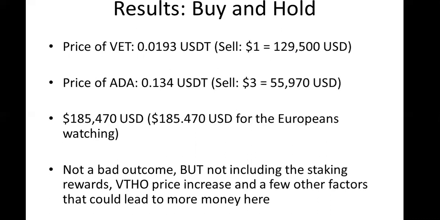I put the decimal spot for the Europeans or the people that use decimals too, so they can see this and understand this, because us in the US use commas, but they can use a period. So the total is 1,085,000. Whoa, my goodness, 185,470 US dollars. Not a bad outcome, but that doesn't include the staking. Like I said, rewards for VTHO, also price increase because people are trading that.